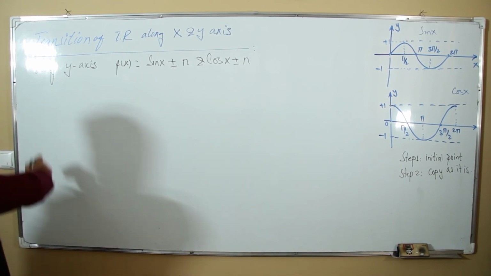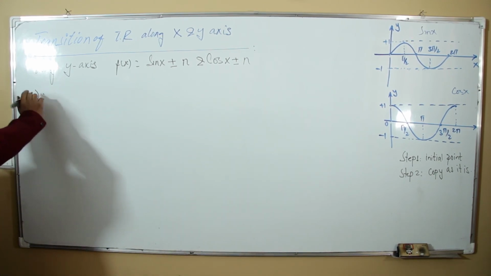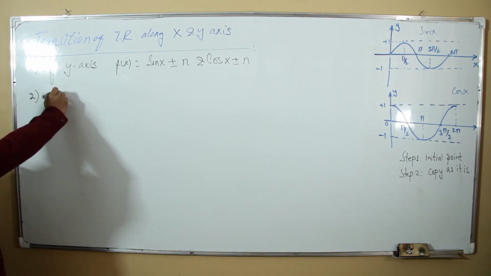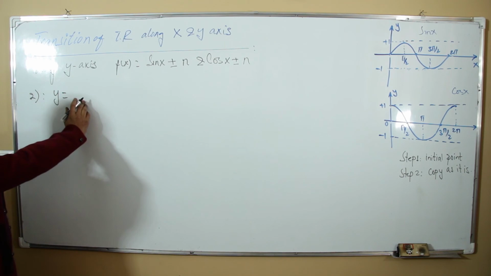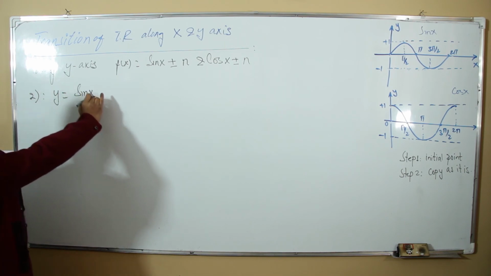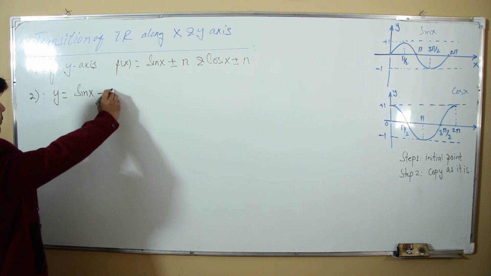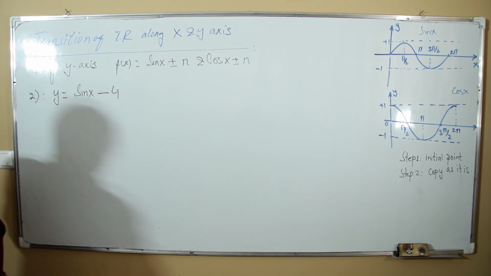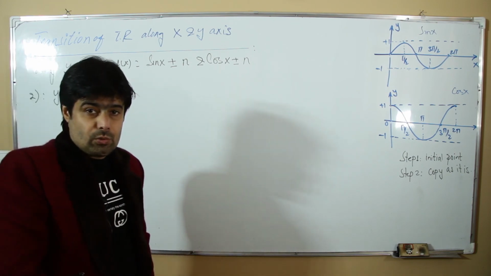I will make another example. Example number 2: f(x) is equal to sine x minus 4. Now, how can we do it?